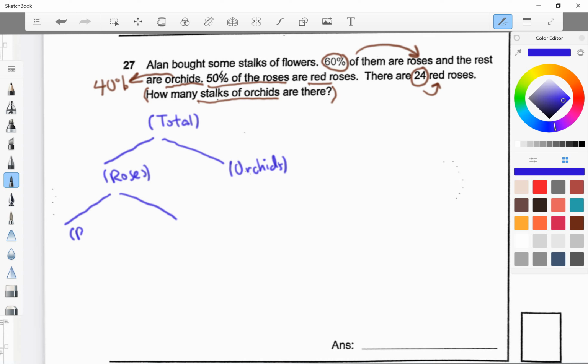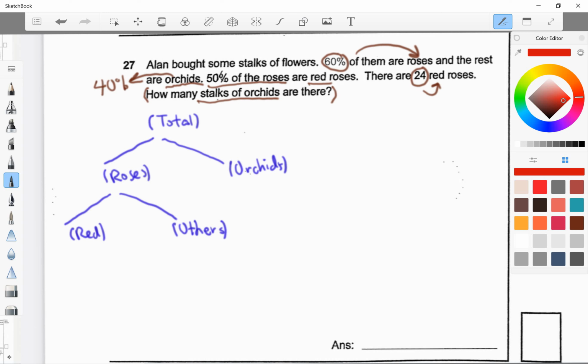I will have red and I will have others. So the outline of my branching is more or less completed, and I will proceed to fill up the branching with numbers. The branching is like a skeleton, and I'm now trying to fill up the skeleton with flesh.